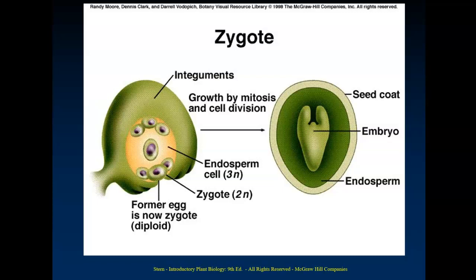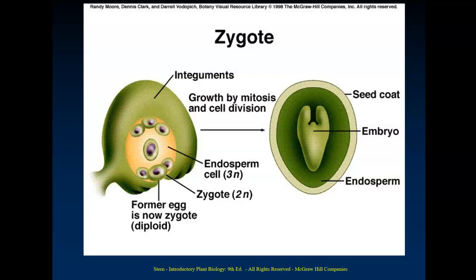So let's look a little bit closer at this. There are the integuments that will eventually become the seed coat. The endosperm here is triploid. You should know where those nuclei came from. The zygote here is diploid because it came from the fusion of the egg and the sperm.